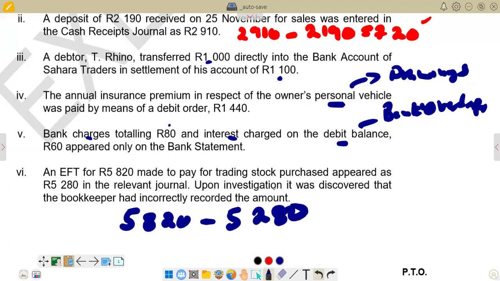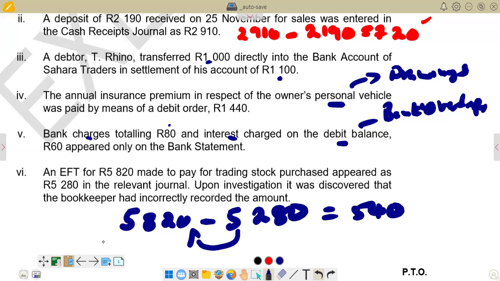So we're saying 5,820 minus 5,280. Let's try to calculate it and see what we get. 5,820 minus 5,280 gives 540. So we've got 540 that we need to put again on the credit side of the bank account so that this 5,280 goes to the correct figure of 5,820.